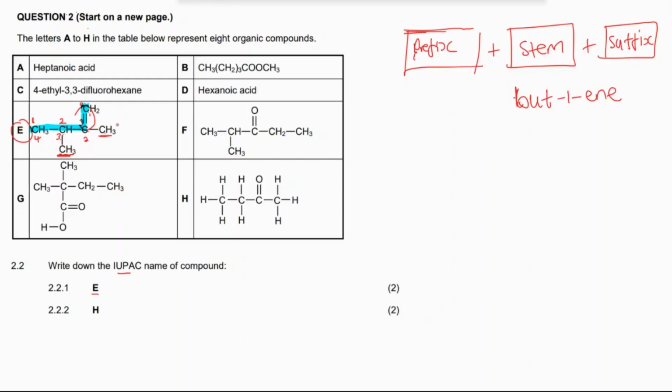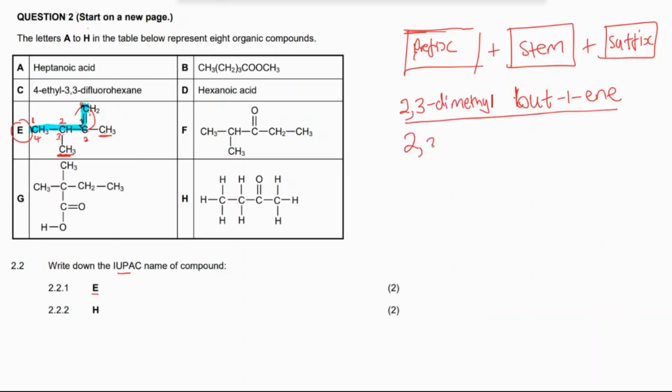2 and 3. So we write the positions 2, then separate with a comma, and then between the positions and the substituent group you put a dash like this, and then it's 2,3-dimethyl, because there are 2 of them, di for 2, so it's dimethyl. So this is the complete name now.